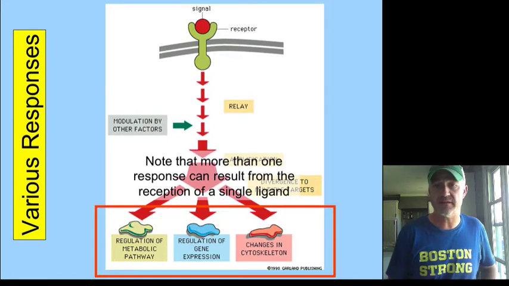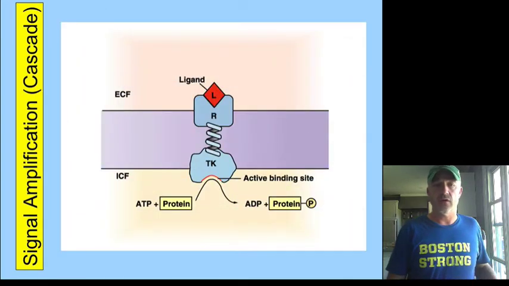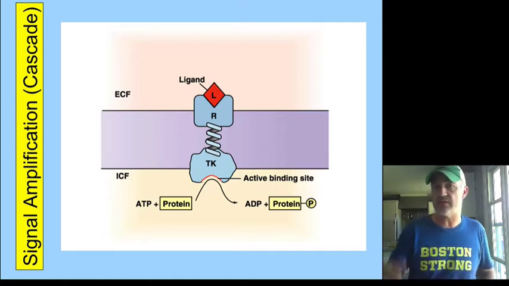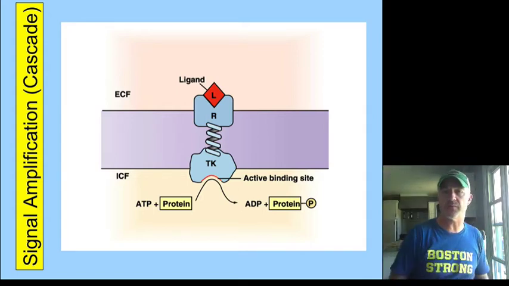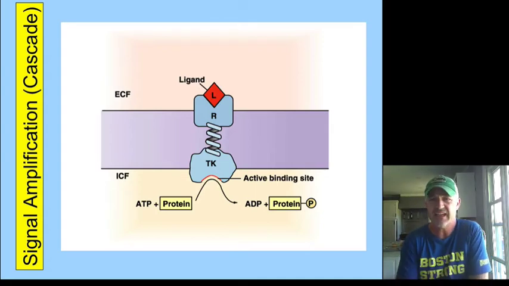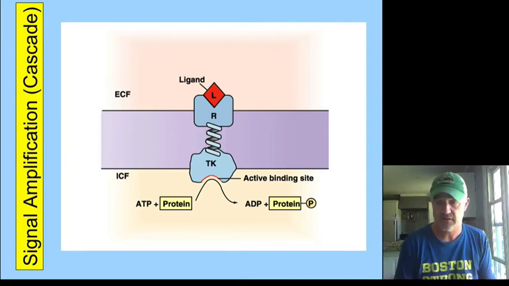One signal can bring about a lot of different changes from a single ligand. So this is showing you a ligand binding to a receptor and the change here. But one of the things that happens a lot of times is that at each of these steps, one protein might activate multiple proteins. So a lot of times with these signaling pathways, we see an amplification and a branching or divergence of that signal.